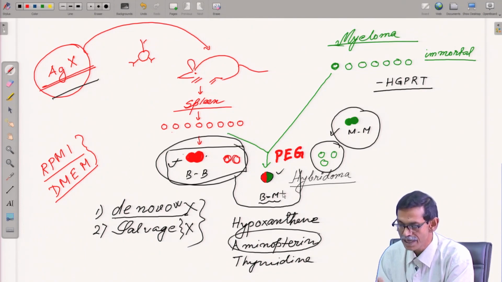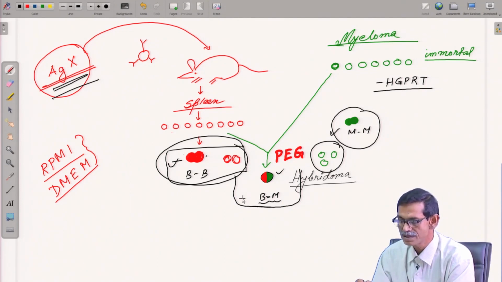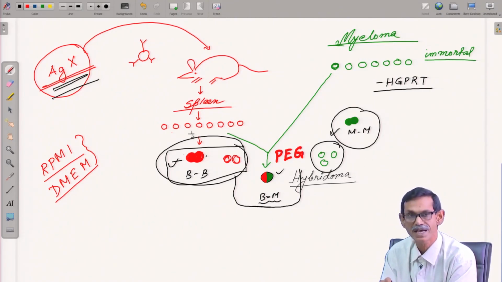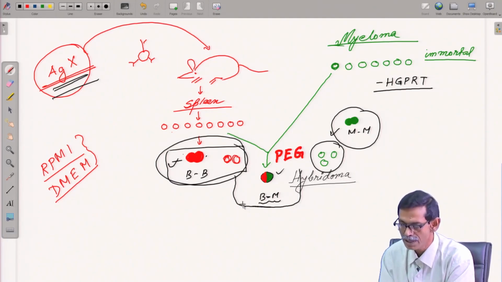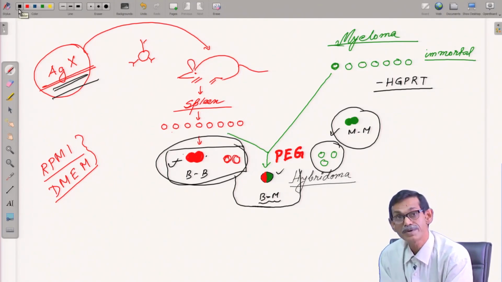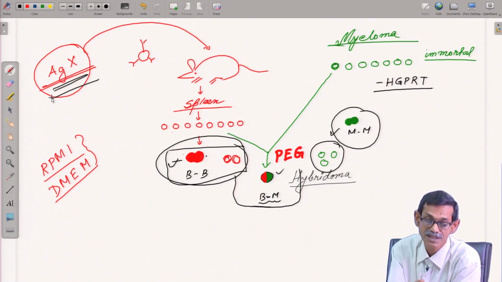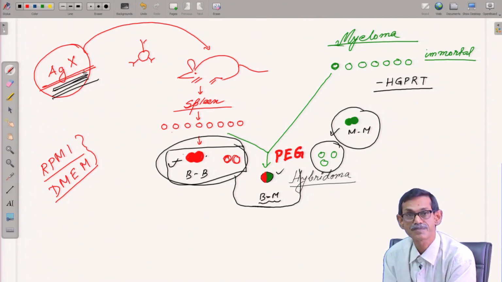Clear? So, then what is happening? Finally, after the death of both the fused myeloma and single myeloma cells and B cells, we will have only hybridoma cells. Then we have to figure out which hybridoma cell is actually what I need, because those hybridoma cells are going to produce antibody against this antigen X. Okay.